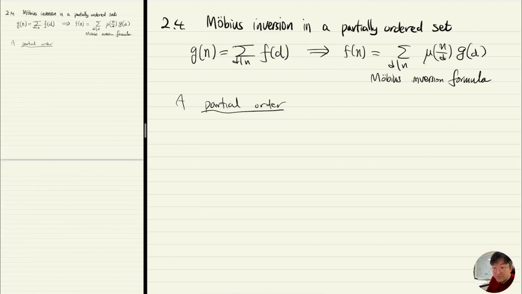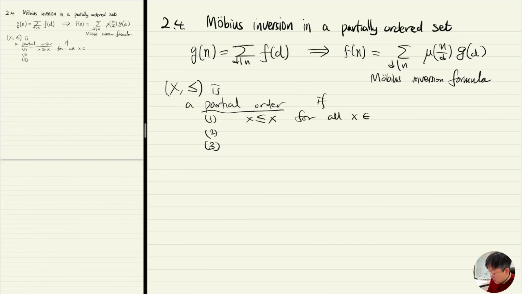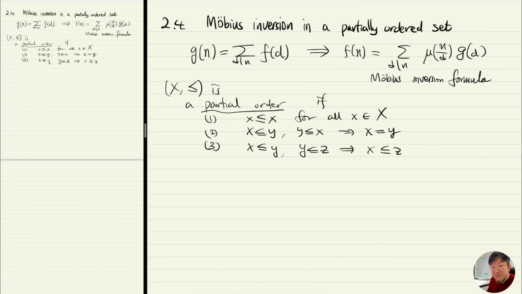So this is a partial order if it satisfies three properties. X is less than or equal to X for all X. If X is less than or equal to Y and Y is less than or equal to X, then X is equal to Y. And it's transitive: X is less than or equal to Y, Y is less than or equal to Z, then X is less than or equal to Z. Then we say it's a partial order.